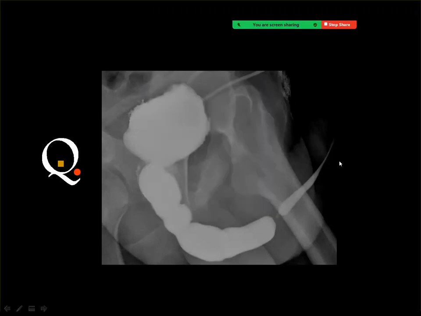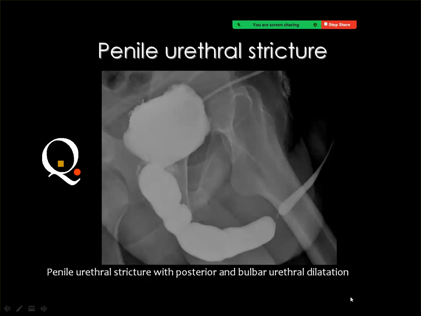Yes, and this is urethral stricture, very tight urethral stricture in the bulbar part of the urethra with attenuation of the rest of the urethra and marked distension of the prostatic urethra, the membranous urethra, as well as the bulbar urethra.